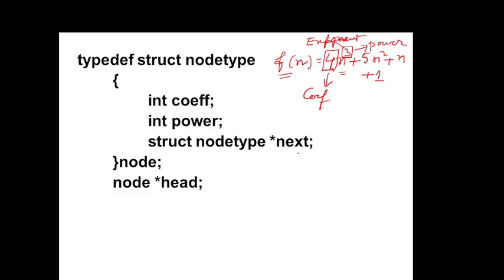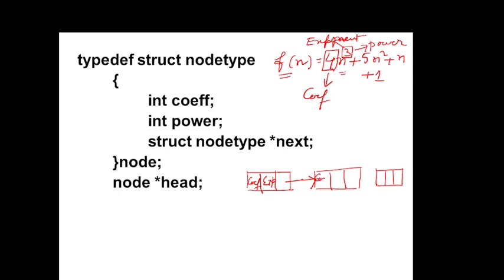So how to represent this in terms of a linked list? Let's say we have a linked list node like this, and another linked list node, and this is another. In this case, the first part you can represent as a coefficient, the next part as an exponent or power, and this last cell will work as a pointer to the next node of the linked list.